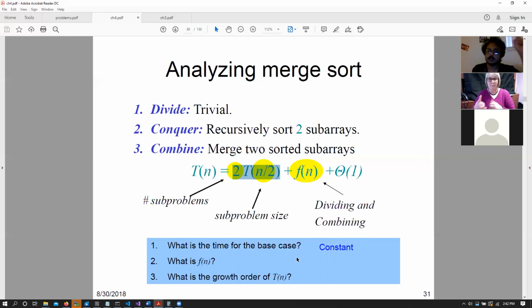So we had 2 times T of n by 2 complexity. And then we have the complexity of how we are merging those two arrays, and that became theta of n. And then whatever complexity we have for the base case.